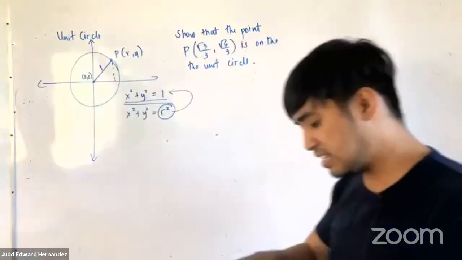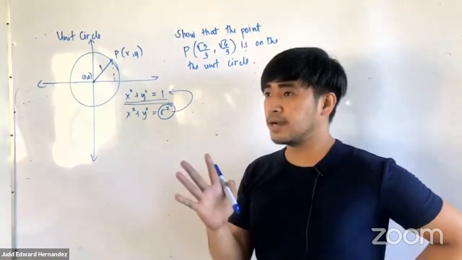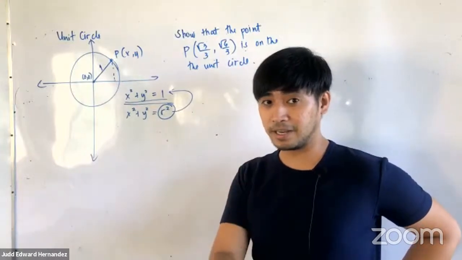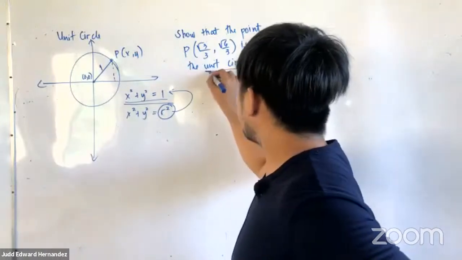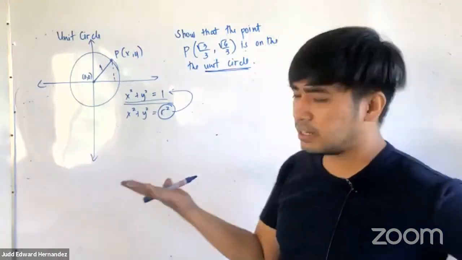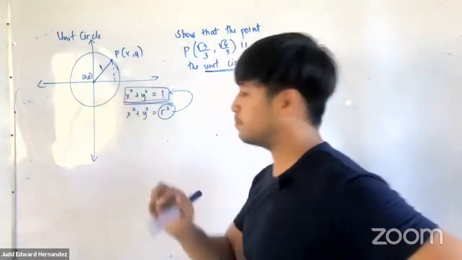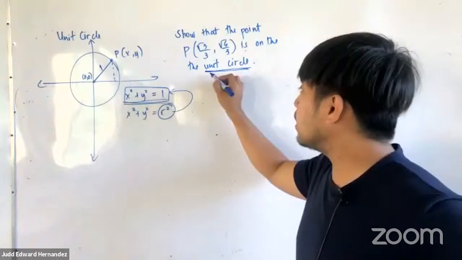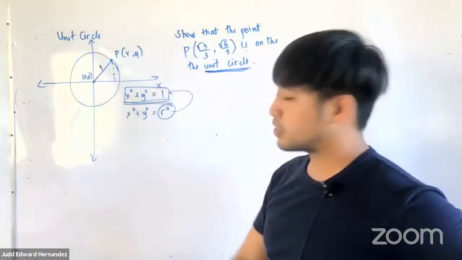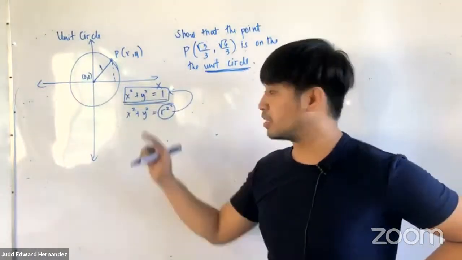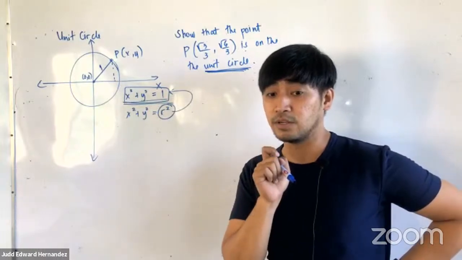Actually, this is very easy. Most likely kasi yung mga ganitong tanong lumalabas sa mga entrance exams natin kapag college. So, tatandaan mo lang, keyword here is the unit circle. Pag wala kang nakita na unit circle dyan, hindi mo pwedeng gamitin si x squared plus y squared is equal to 1. Tandaan mo yun ha. It is only applicable when the radius of the circle is equal to 1.